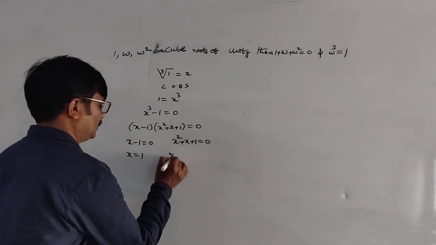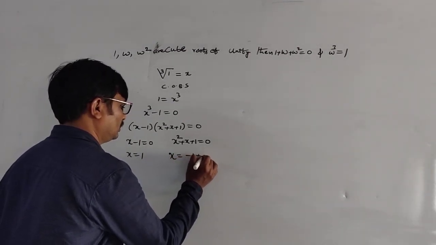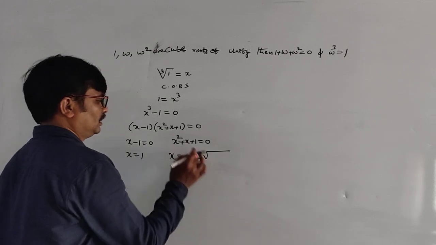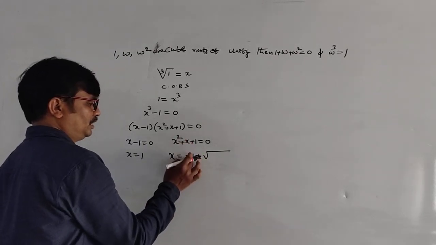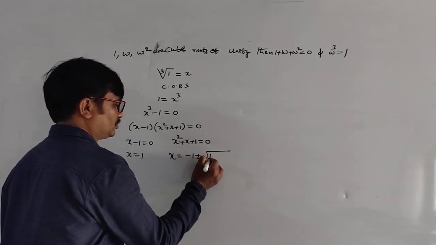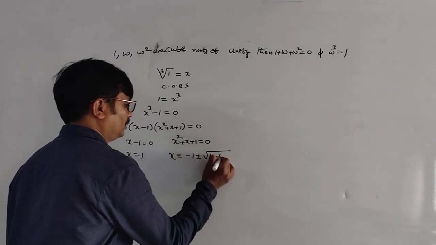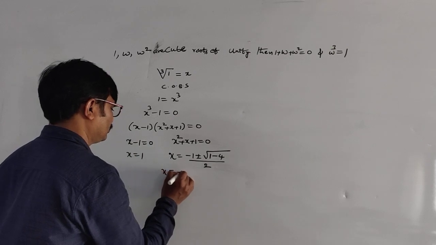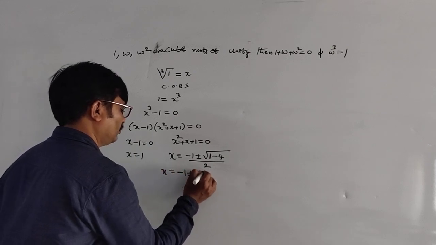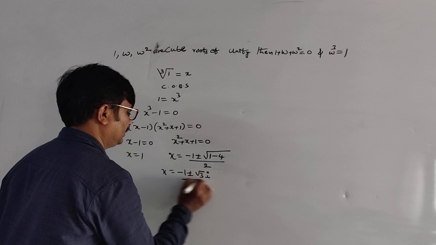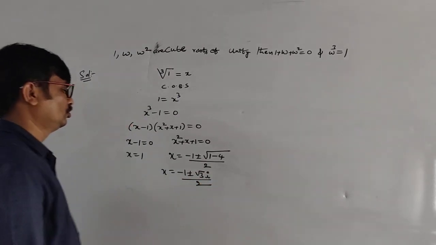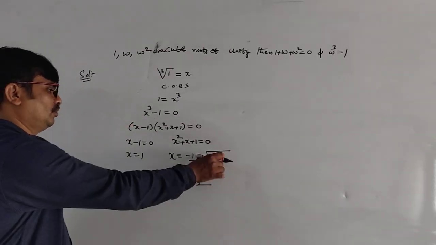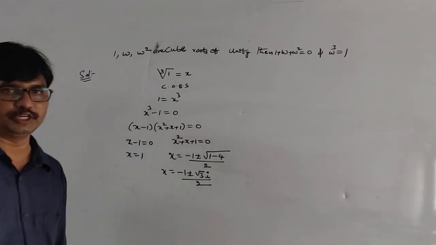So students, x equal to minus b plus or minus root of b square minus 4ac by 2a. So x equals minus 1 plus or minus root 3i by 2.